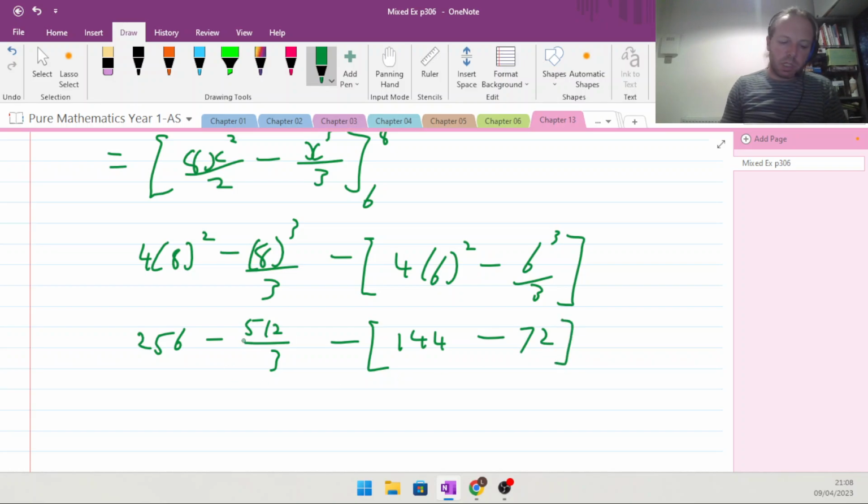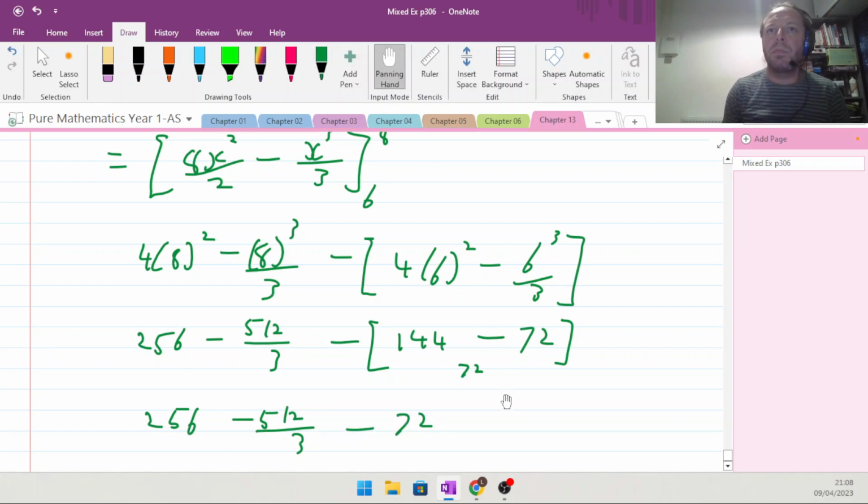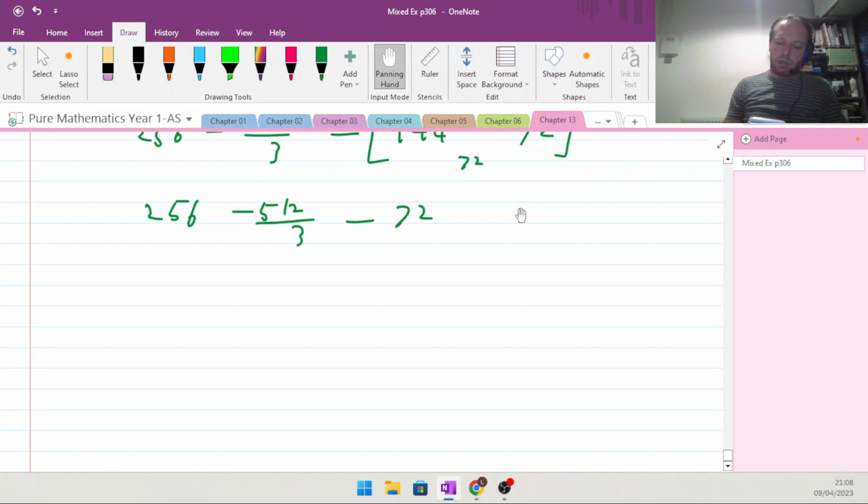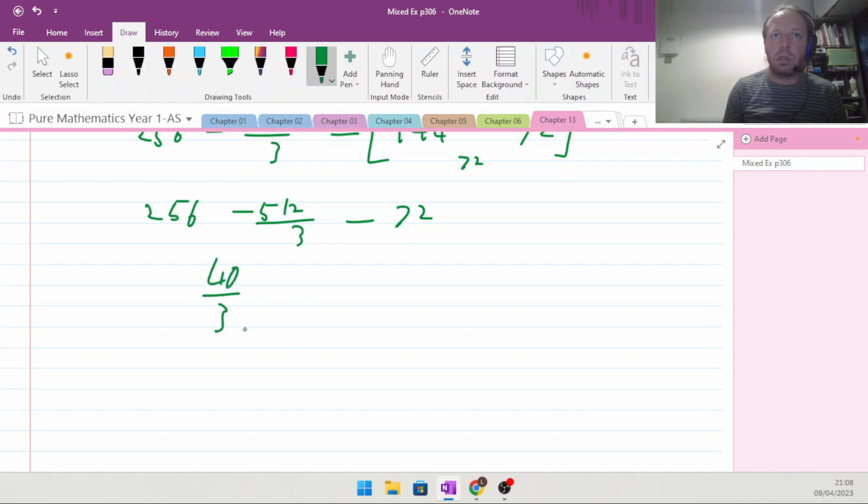So 144 minus 72 is 72. So we end up with 256 minus 512 over 3 minus 72. 256 minus 72 minus 512 over 3 gives 40 over 3. Okay, 6 marks. Right then, next one.